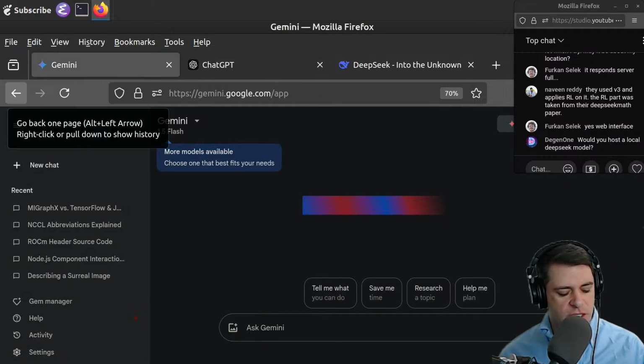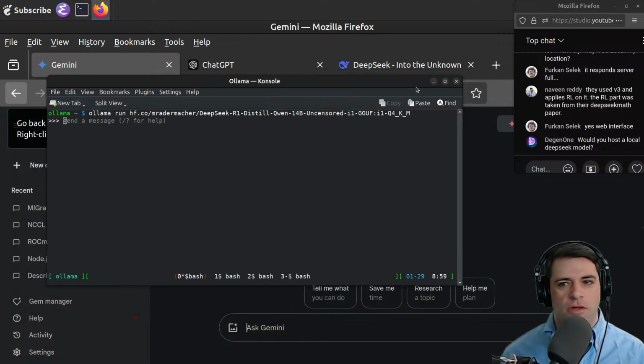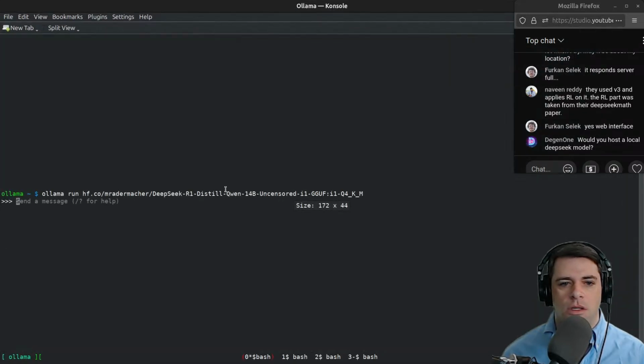While we're on the subject, maybe we'll look more at the code tomorrow, but I did download one of their distilled models. This claims to be 14B. I found an uncensored version because I thought that would be fun, given all the stuff we've been talking about where people seem skeptical of the censorship and everything.